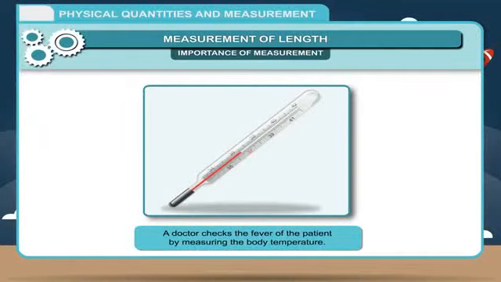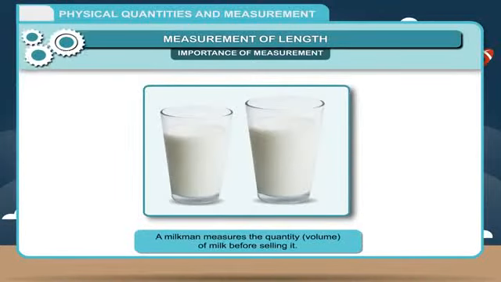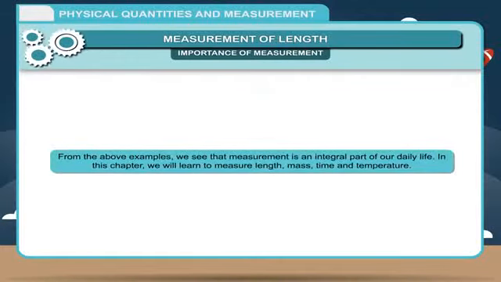A doctor checks the fever of the patient by measuring the body temperature. 5. A milkman measures the quantity, volume of milk before selling it. From the above examples, we see that measurement is an integral part of our daily life. In this chapter, we will learn to measure length, mass, time, and temperature.